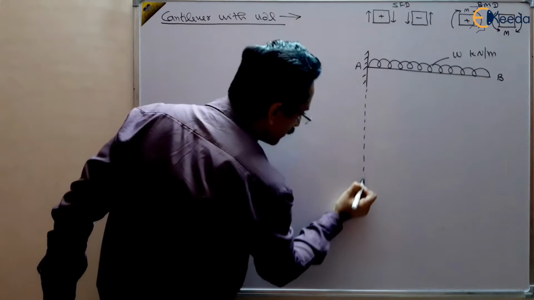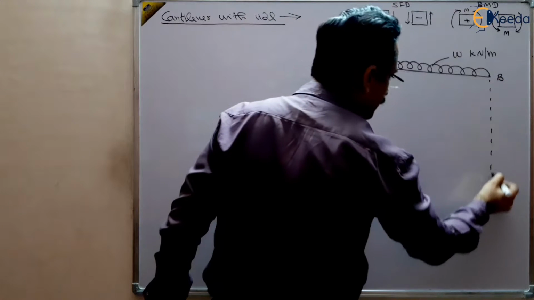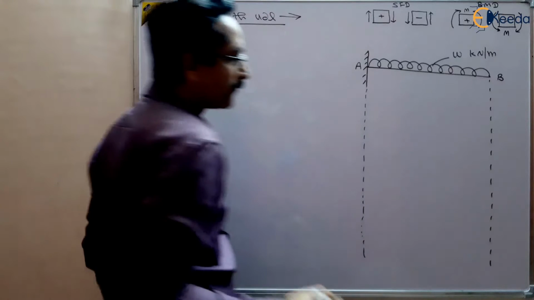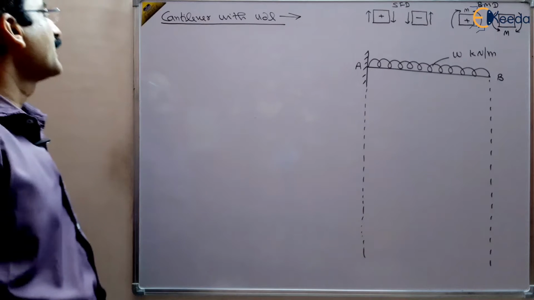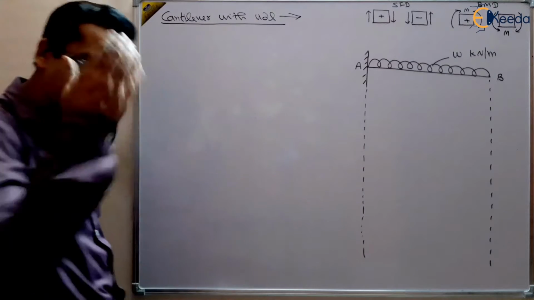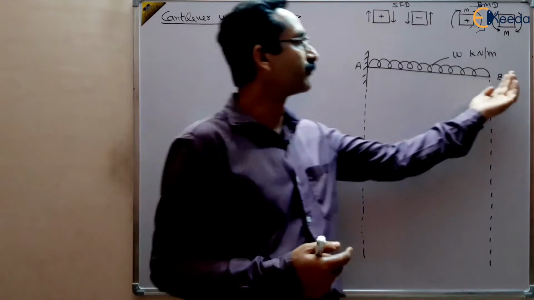And when we want to draw the shear force and bending moment diagram for this cantilever beam, as usual, we will take a cross section at any point. Suppose we are taking from the free end.